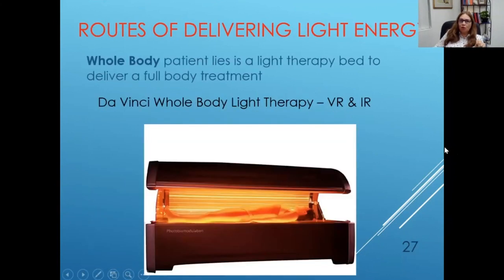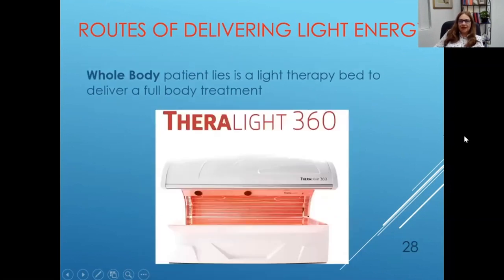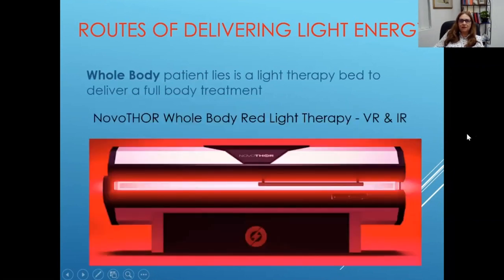Then we talked about whole body, where the patient literally lies and is encapsulated, and the whole body is treated most often with visible red and infrared, and this happens to be the Da Vinci whole body light therapy system. And there are others, another one by Theralite, and again, that's full body visible red and infrared.